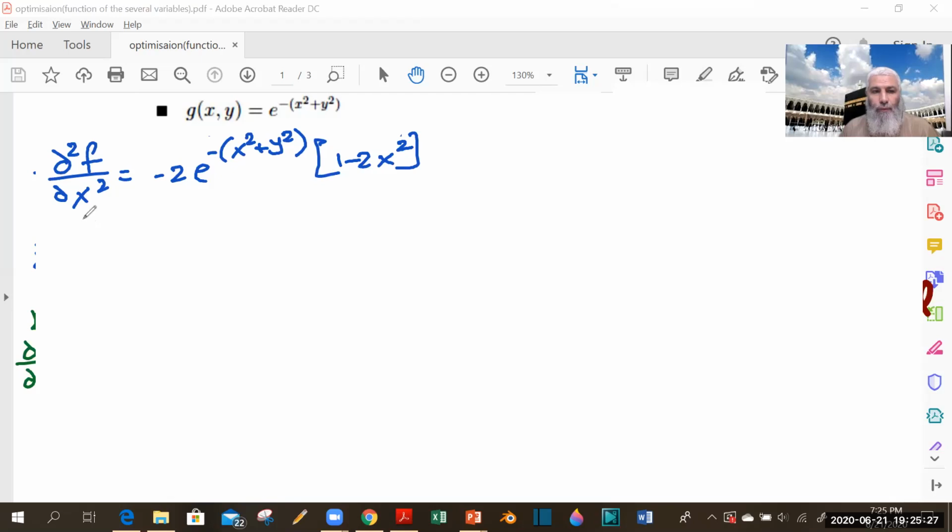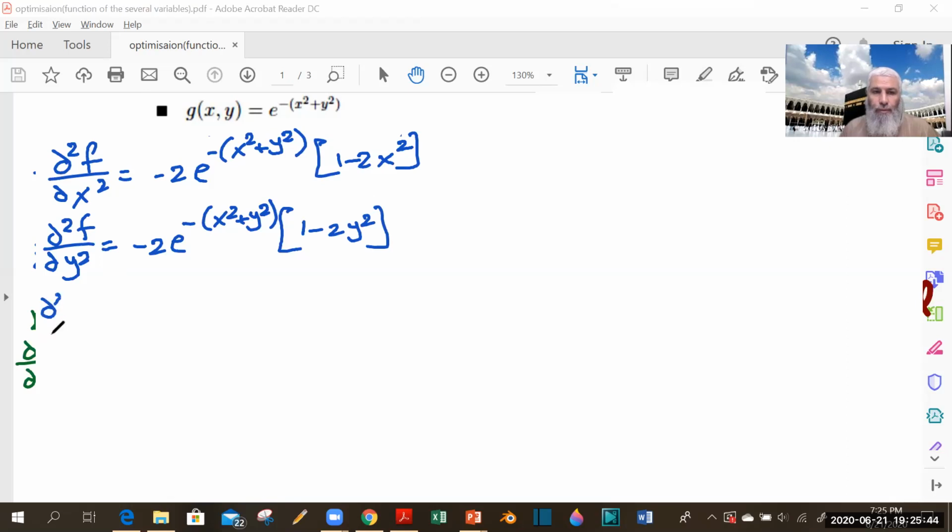And d2f dy squared equals negative 2 e power negative x squared plus y squared multiply 1 minus 2y squared, and d2f dx dy equals 4xy e power negative x squared plus y squared. Okay? Yes.